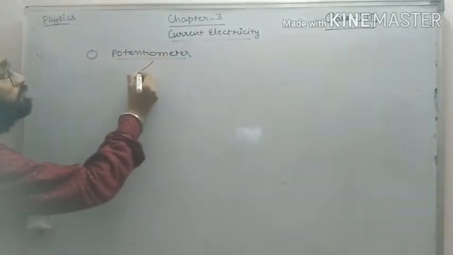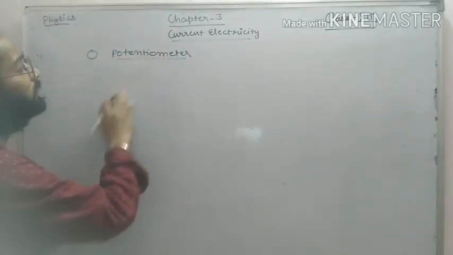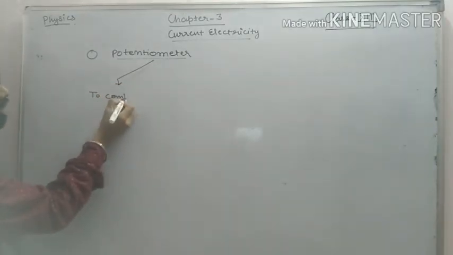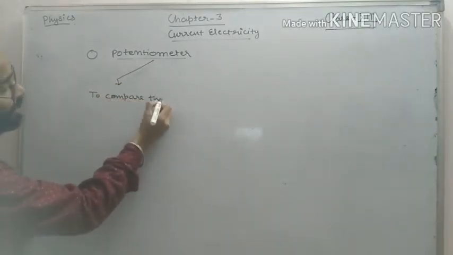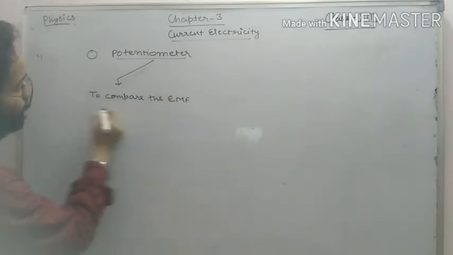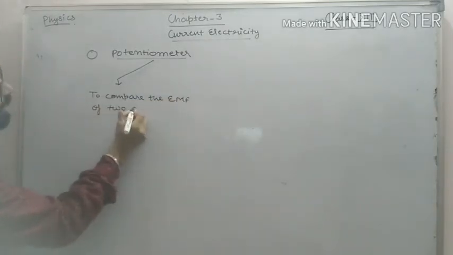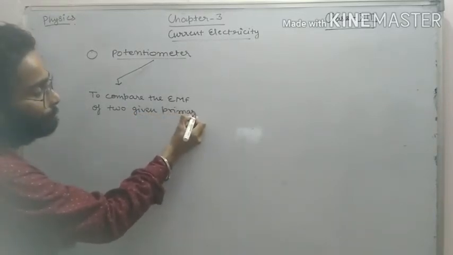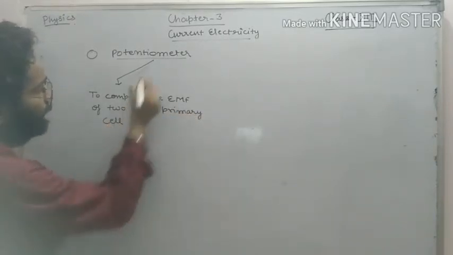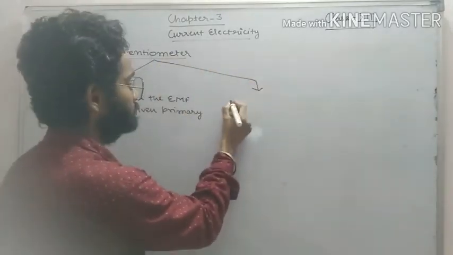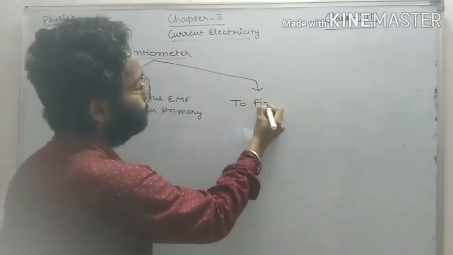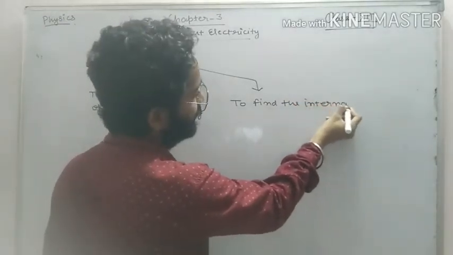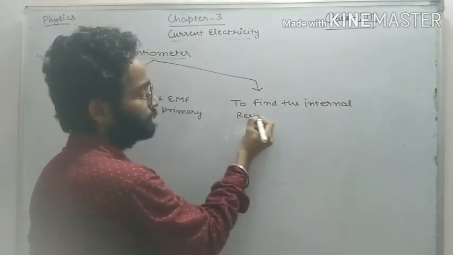It is used for two basic purposes: to compare the EMF of two given primary cells, and to find the internal resistance of the cell.